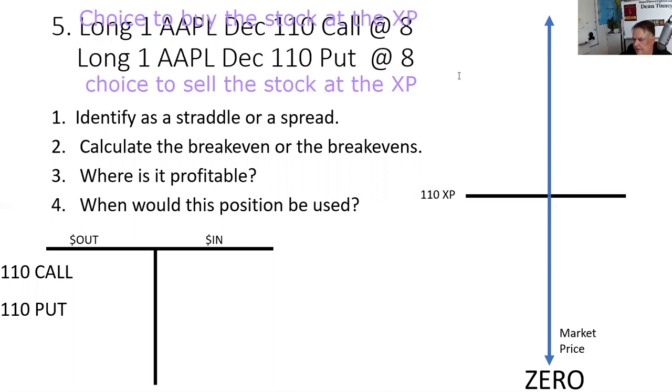And what I did here is I paid 8 for the call, and I paid 8 for the put. So I'm out of pocket 16. So the way we calculate the break evens, as you recall from lecture 4, is we combine the premiums and we add it to the call to get our upside break even.